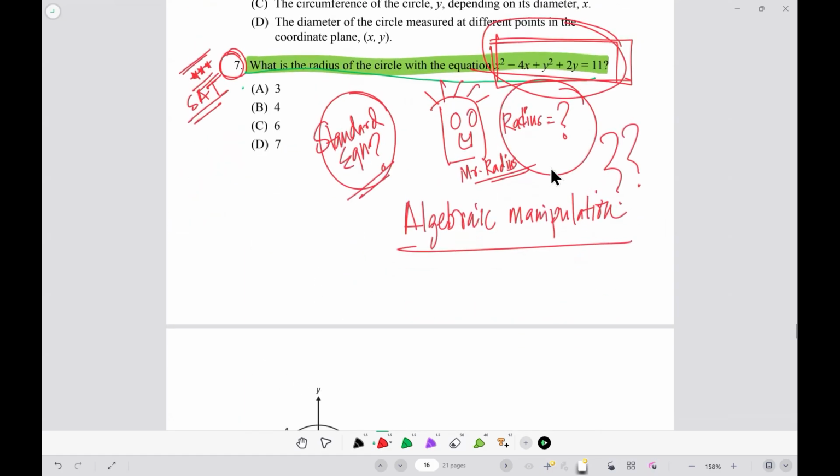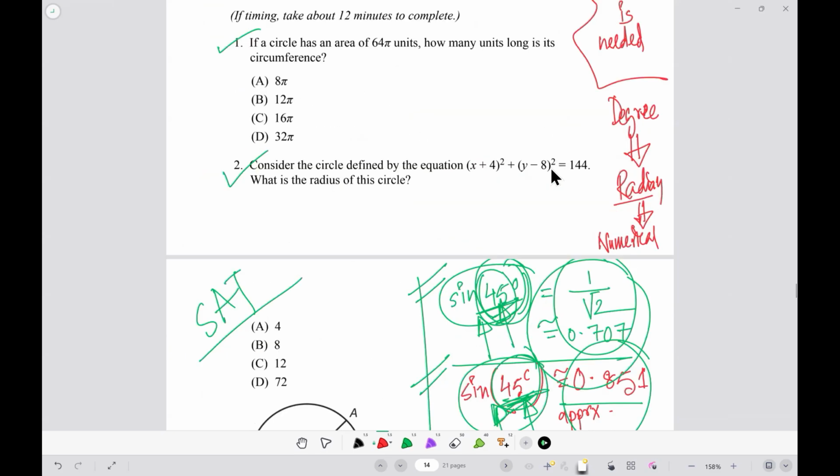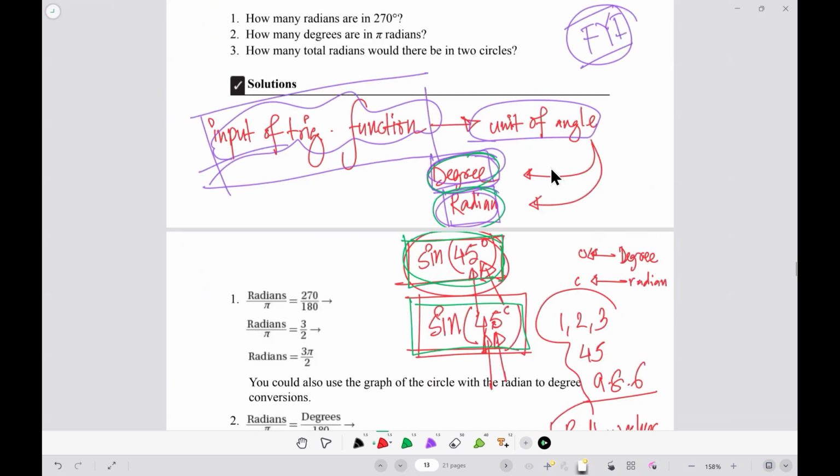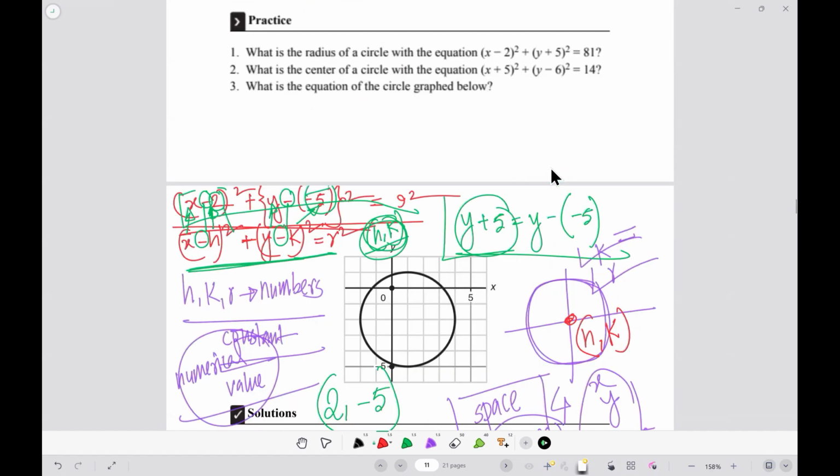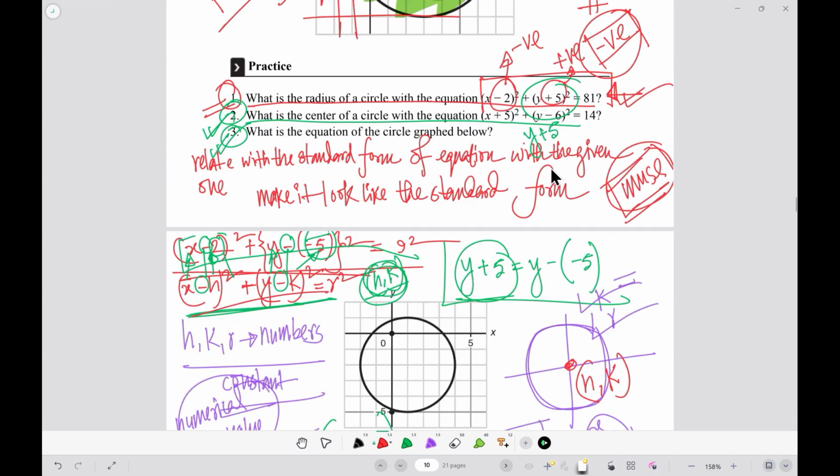And what does algebraic manipulation mean or look like? This thing that we have done here is also an algebraic manipulation. Do you remember that we just made +5 look like -5?